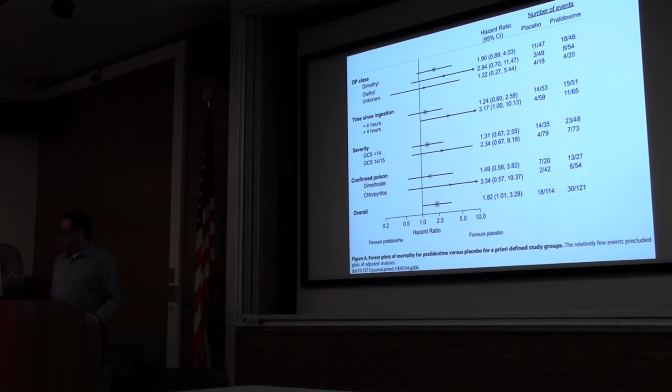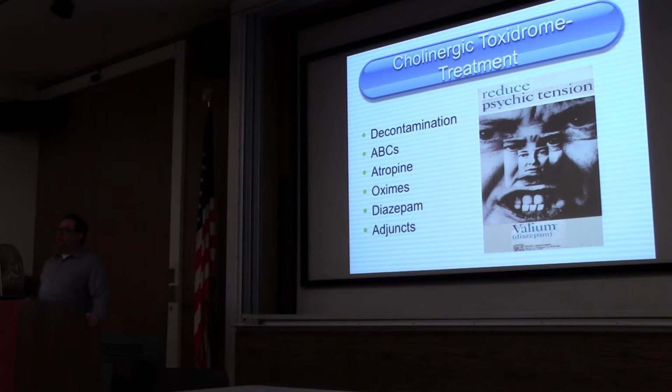Okay, in addition to the standard elements of treatment, there are some adjuncts that potentially may be beneficial. In animal models of animals poisoned by organophosphates that are optimally treated with atropine and oximes, diazepam has an independent benefit on mortality, probably through mitigating some of the central effects of the organophosphates.